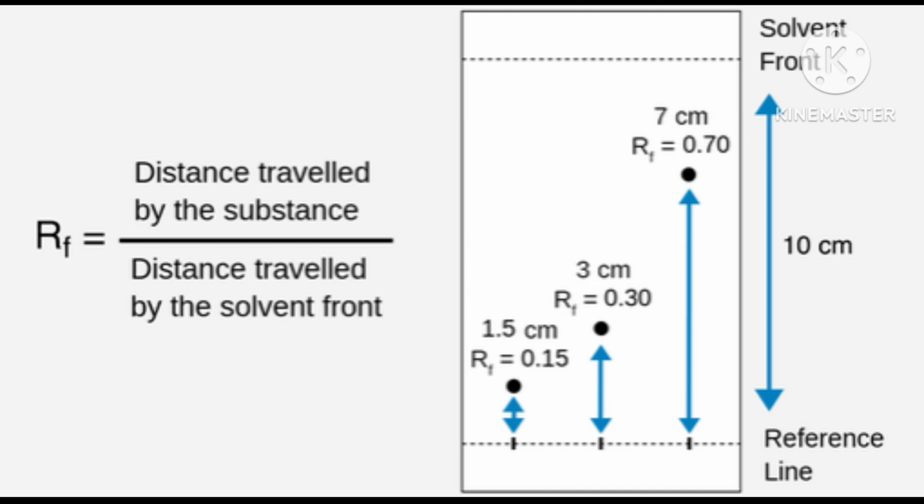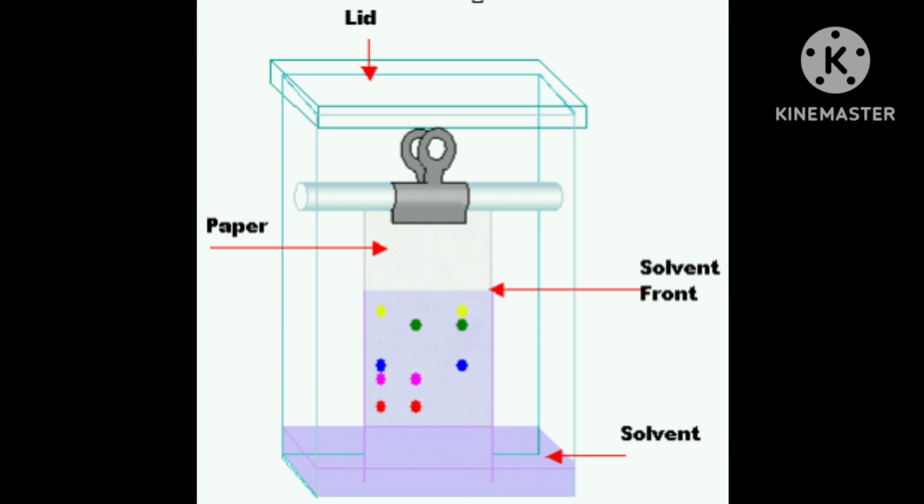The most readily adsorbed substances are retained near the top and others come down to various distances in the column. This is column chromatography. If suppose three compounds have three colors, you will find they are adsorbed at different distances in different colors. This I have told you about column chromatography.